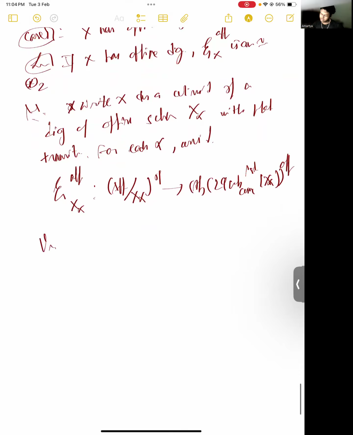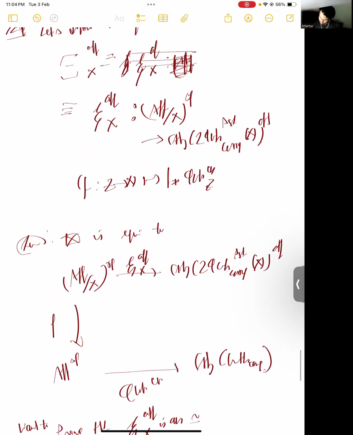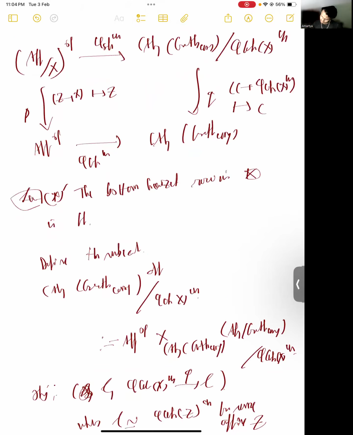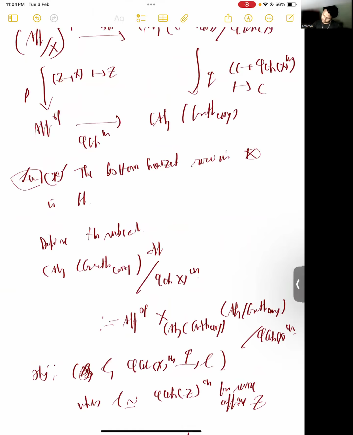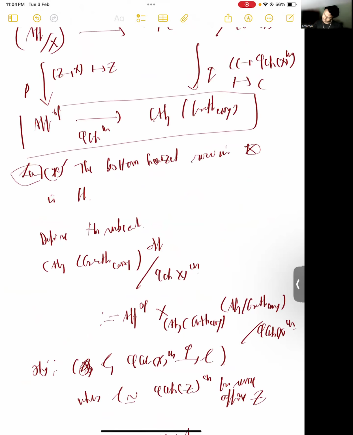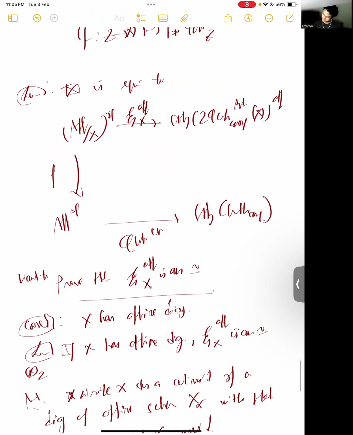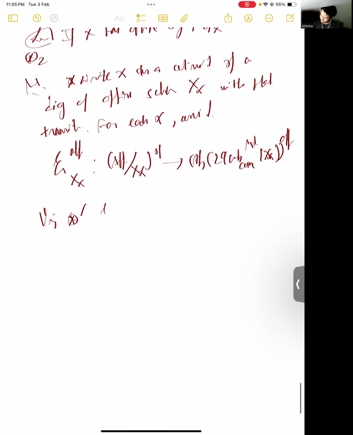Now using this lemma star prime, that this row is fully faithful, it follows that this xi f x alpha is an equivalence for affine x alpha.